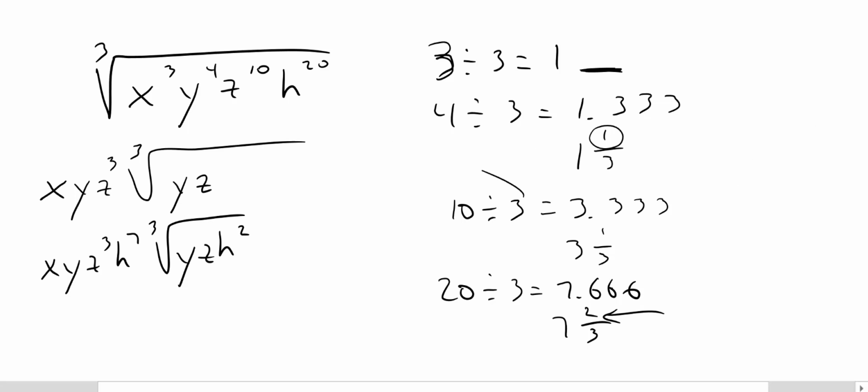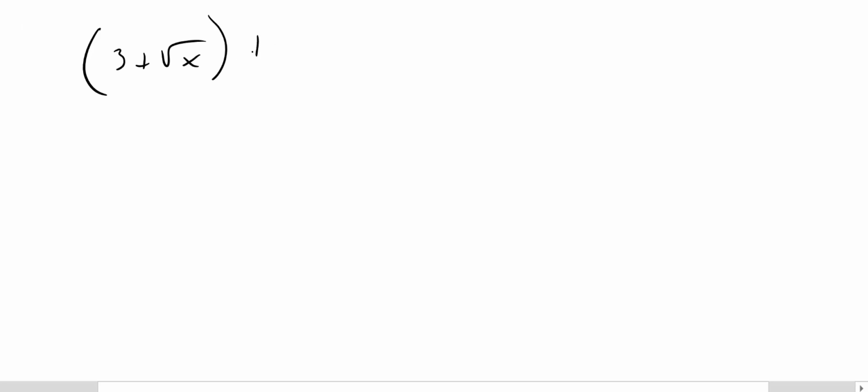Okay. All right. So let's do some operations here. So I give you 3 plus the square root of x plus 4 minus 5 square root of x. Guys, if there's an addition sign there, that's actually really easy.